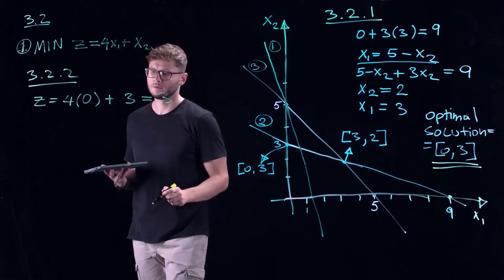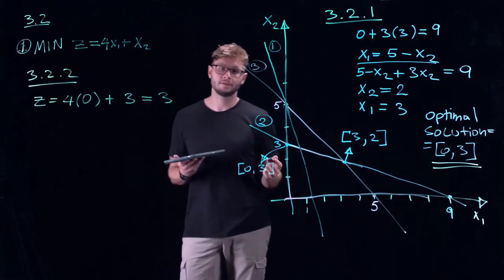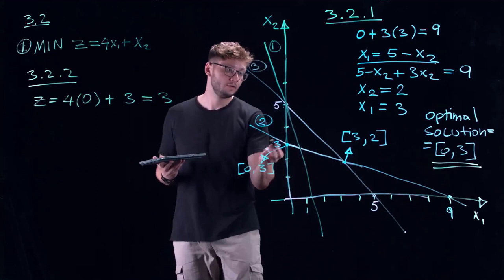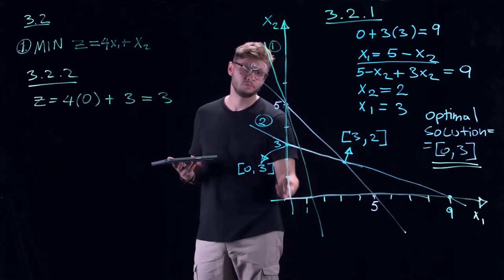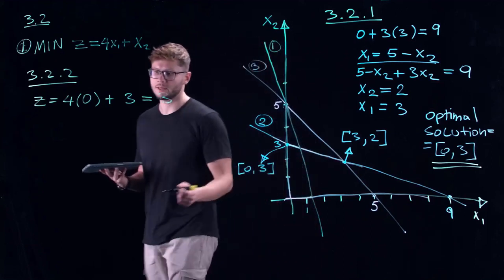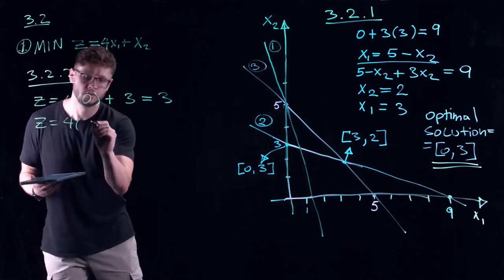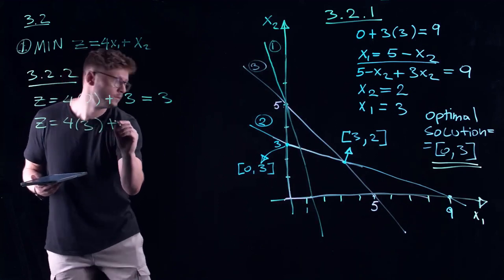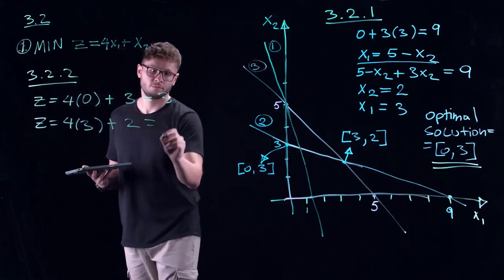Now, in order to check our answers and ensure this is correct, we can also plug in the other value that's within the feasible region, which here is the line that's previously mentioned, and this value is 3 and 2. Let's go ahead and do that so we can check our solution. So 4 times 3 plus 2. 4 times 3 is 12, plus 2, 14.